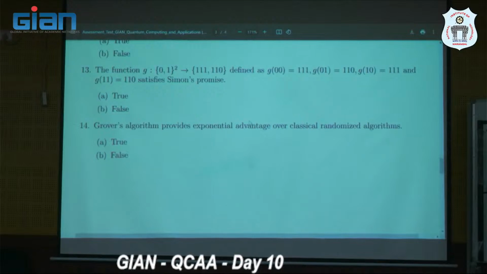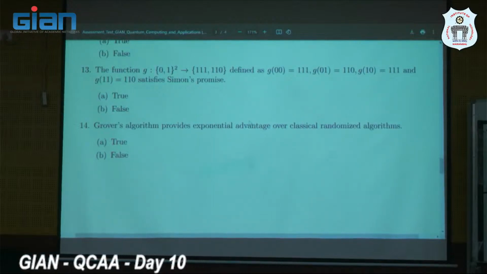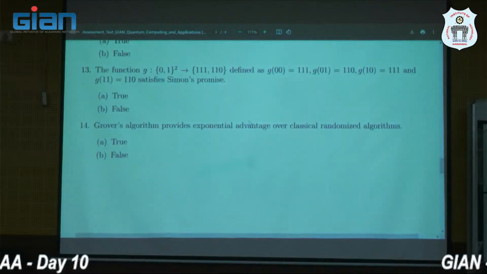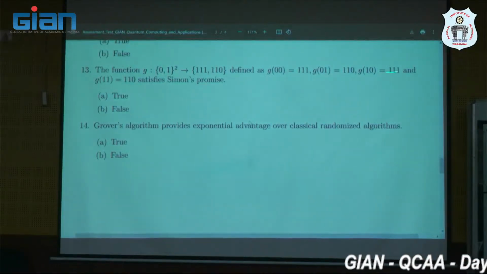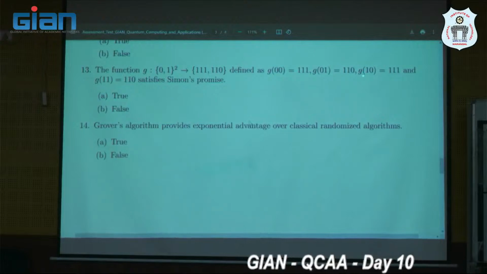The function g defined as this satisfies Simon's promise. True? What is the string S for that, for Simon? Yeah, you can see 1 1 1 is here, 1 1 1 is here. So the common is 0 0 1 0.